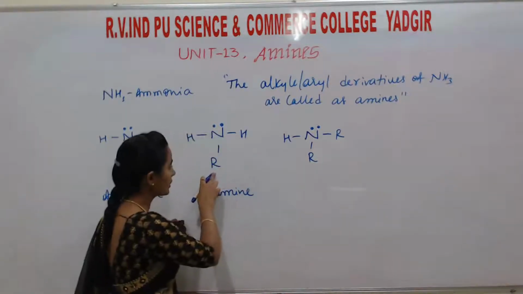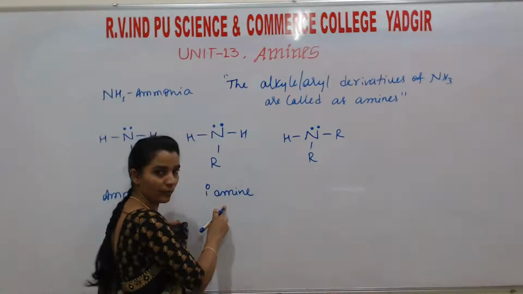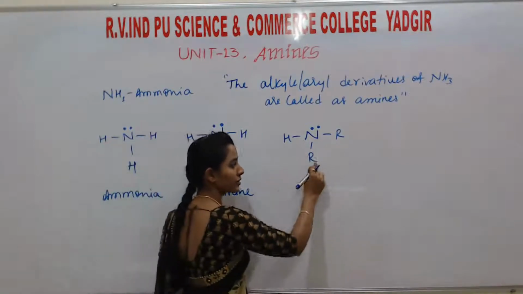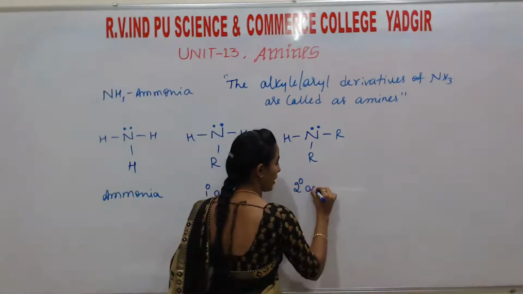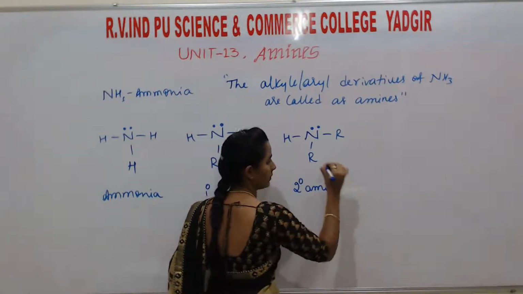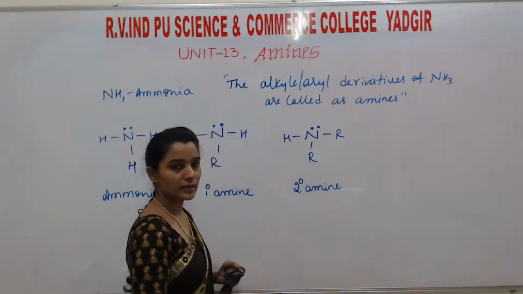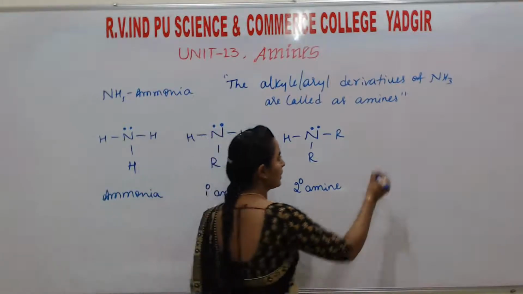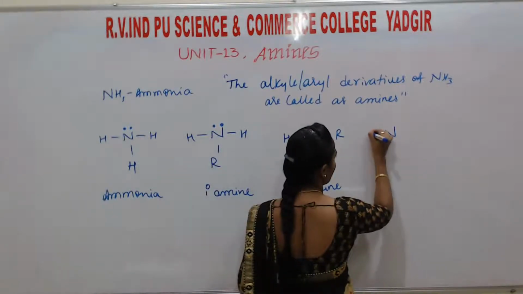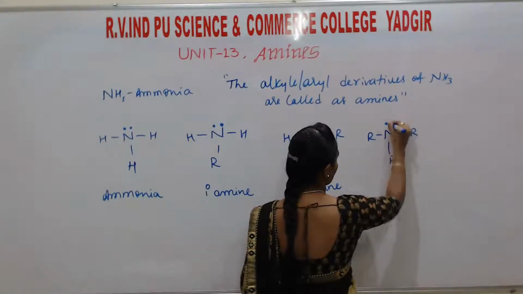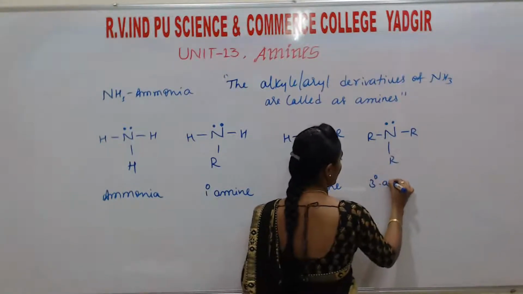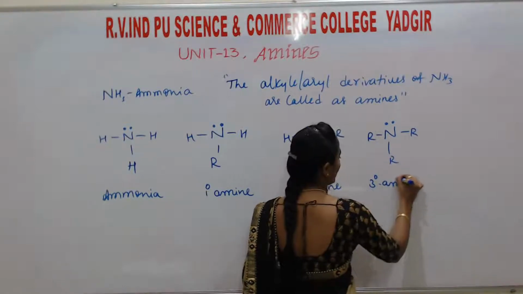Here 1 hydrogen replaced by R means primary amine. 2 hydrogens replaced by R means secondary amine. Similarly, if all 3 hydrogens are replaced by R, that is tertiary amine.